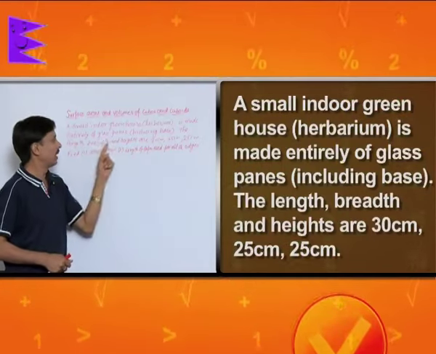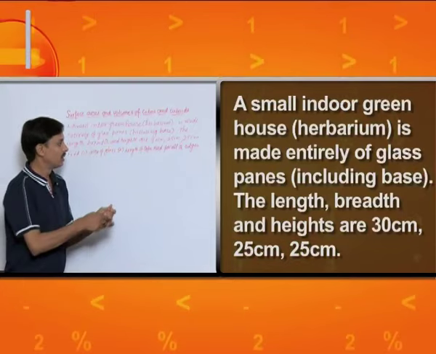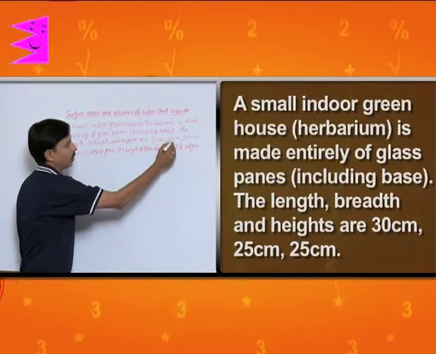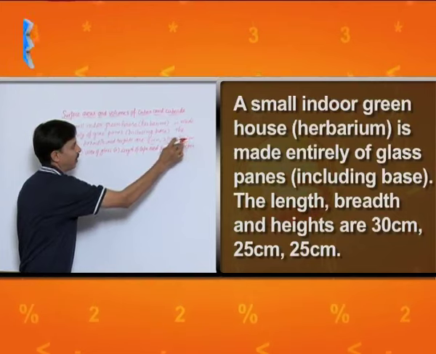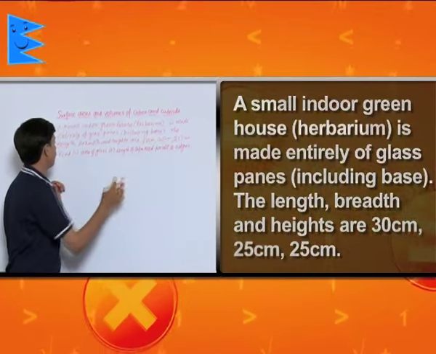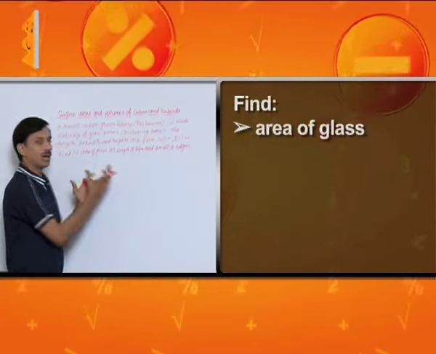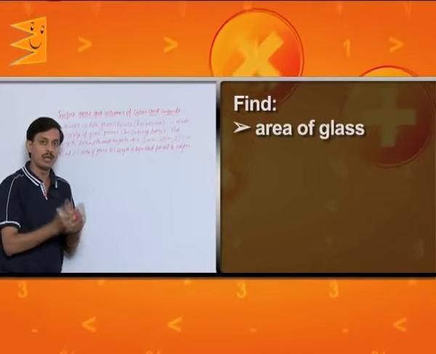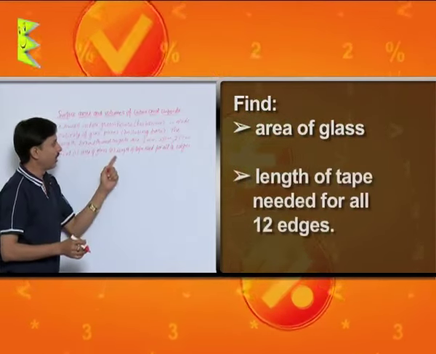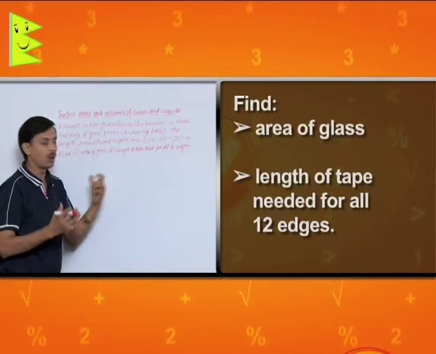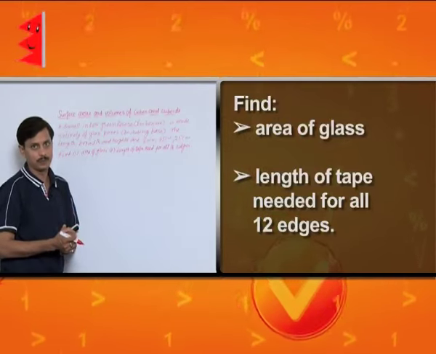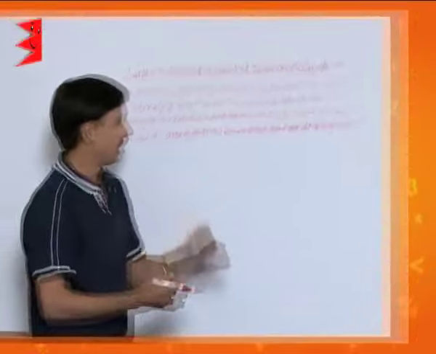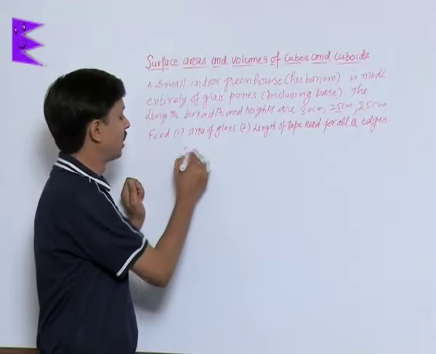The length, breadth and height are 30 centimeter, 25 centimeter and 25 centimeter. Find the area of the glass required to make this herbarium and the length of the tape needed for all 12 edges. First I want to write the solution.